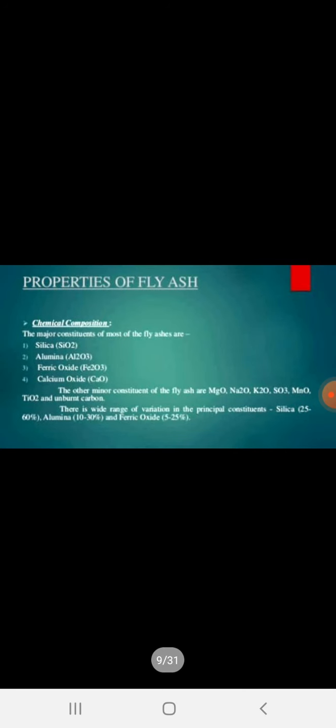Next, we can go through the properties of fly ash. There are chemical properties, physical and structural properties, and pozzolanic properties. First, chemical composition. The major constituents of most fly ashes are silica, alumina, ferric oxide, calcium oxide.